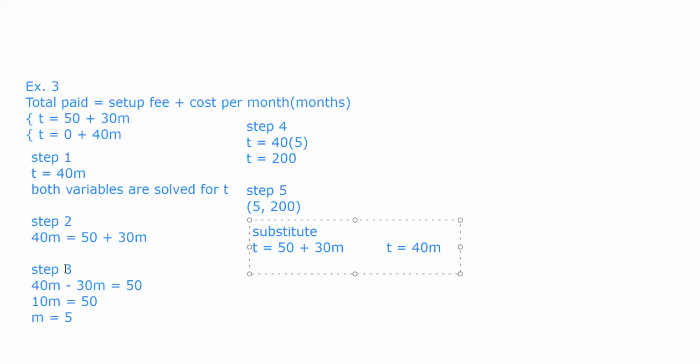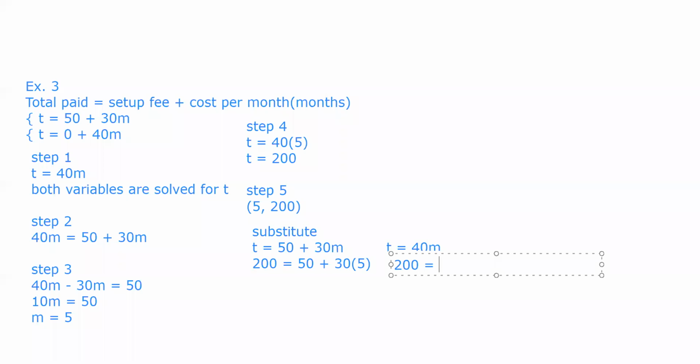So t is 200. 200 equal 50 plus 30 times 5. And in the other one we have that t is 200 equal 40 times 5.